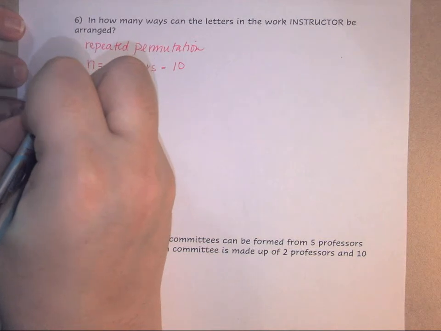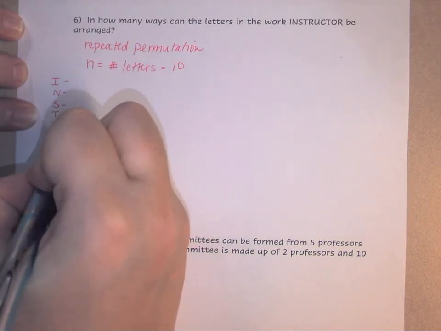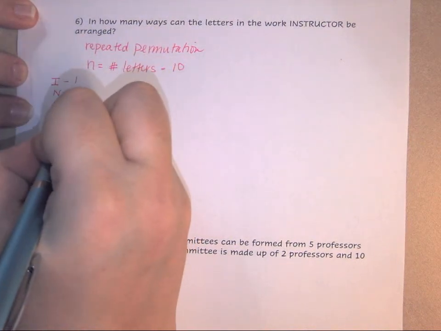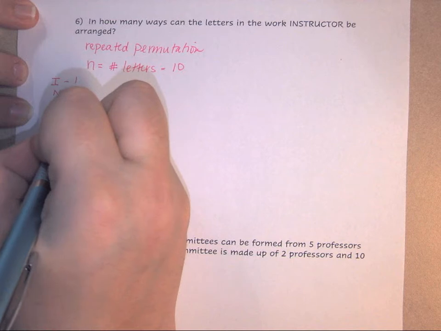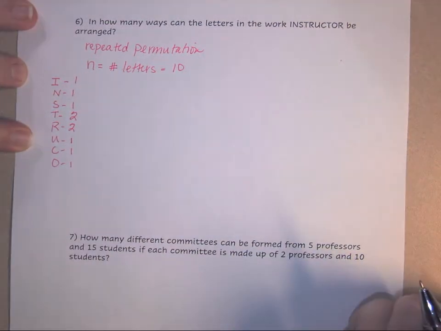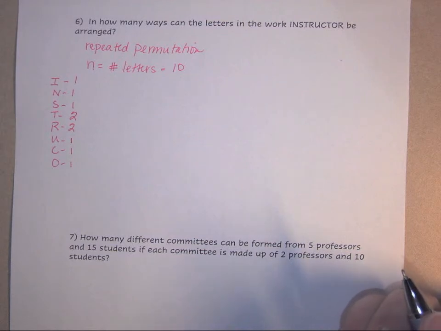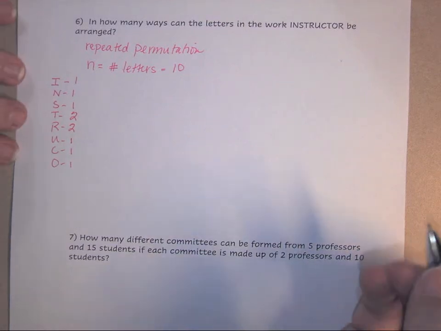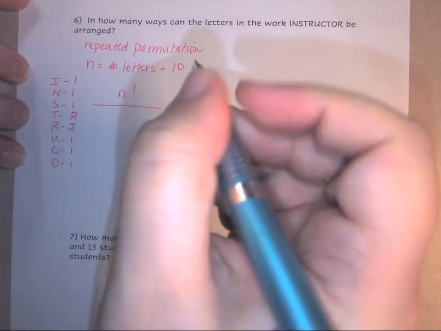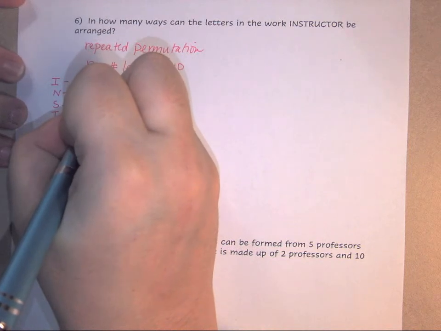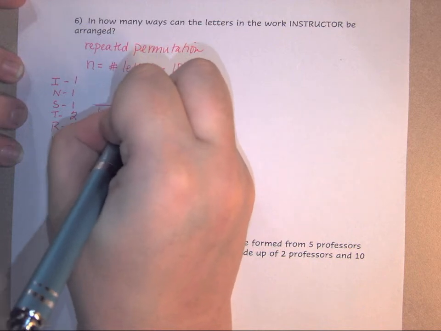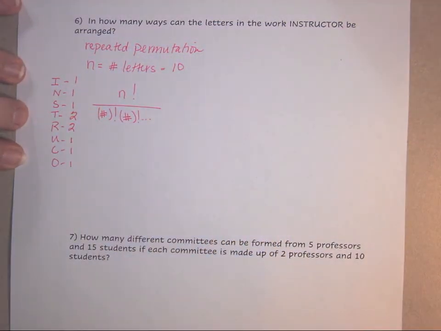So if I'm looking at my word instructor, I need to look at how many times each letter is counted. So I have 1, 1, 1, 2 T's, 2 R's, 1 U, 1 C, and 1 O. The way that we write a repeated permutation is we have n factorial on the top, and then we have our repeated numbers on the bottom, and you keep going.